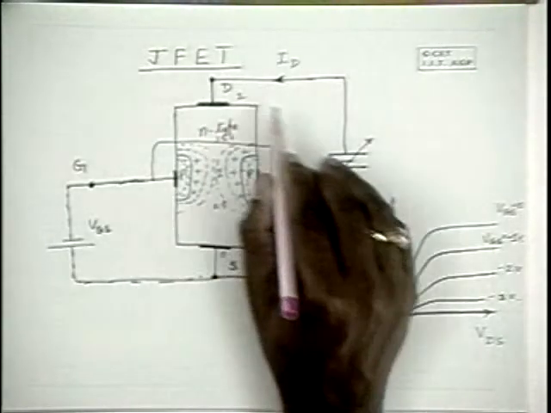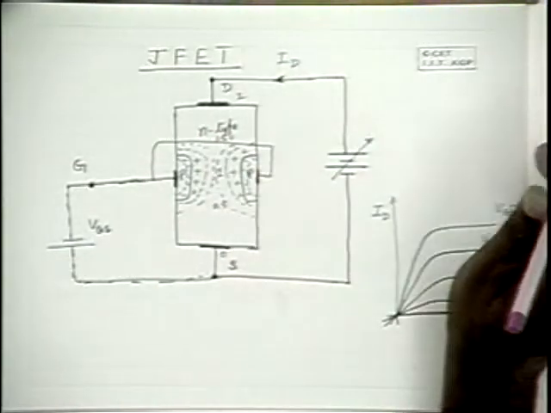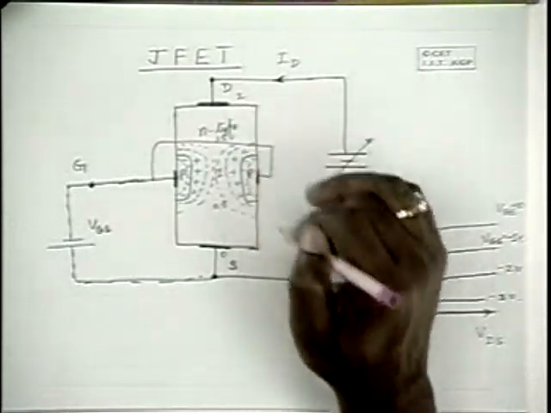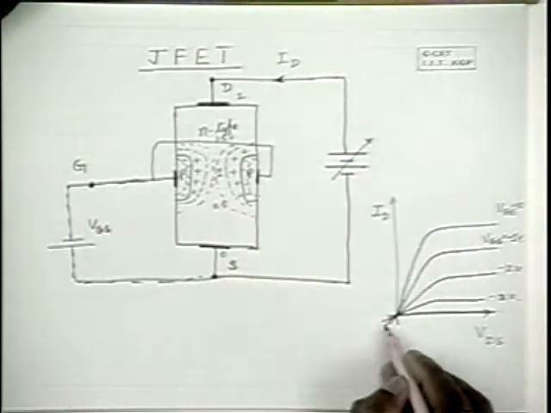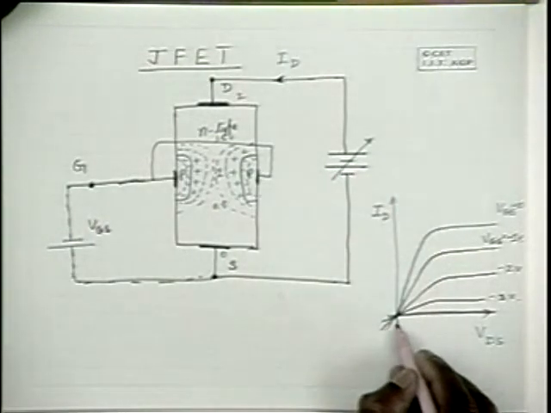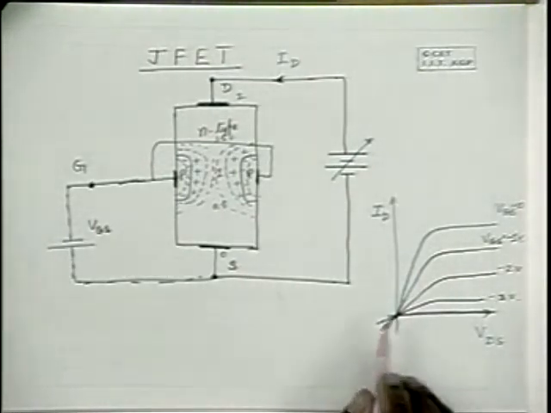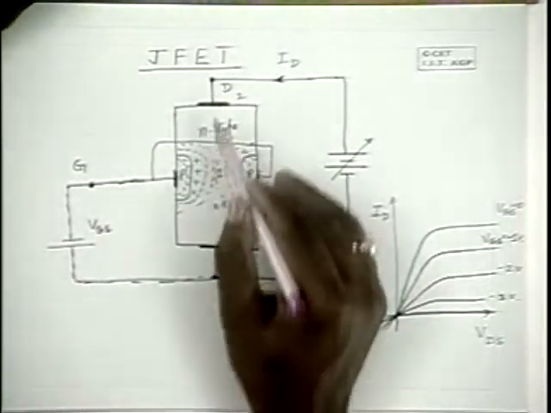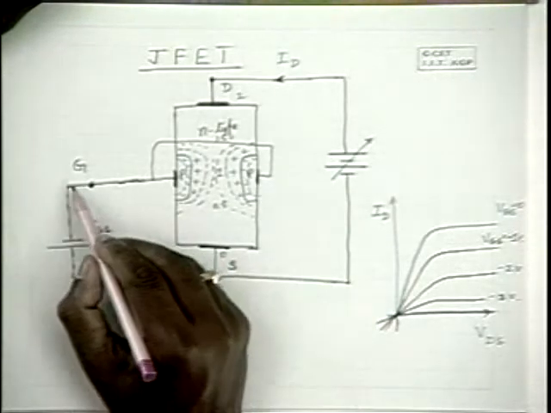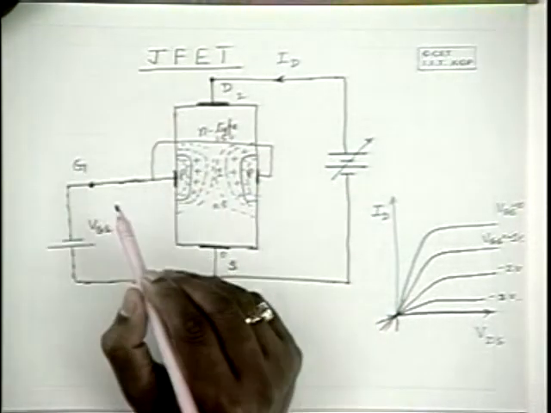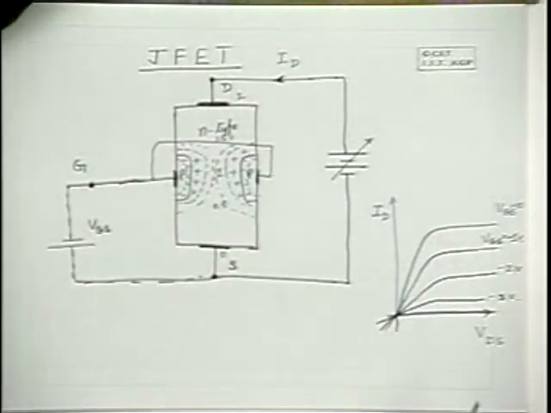And please note that drain and source can be interchanged. In this device, if it is symmetrically built, the same kind of characteristics is applicable on this side also. If you change the drain and source, this becomes your source, this becomes your drain, and the potential VGS should be with respect to the source.